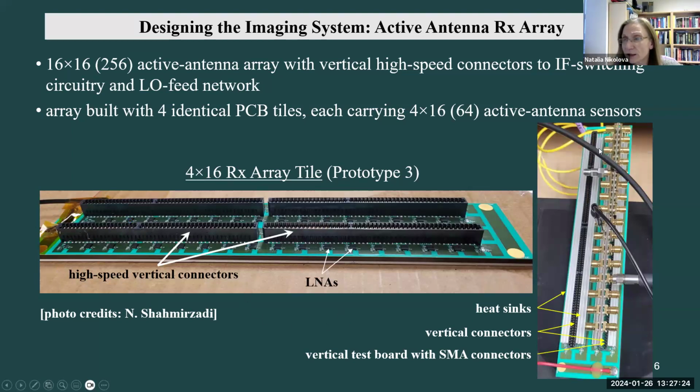On the right, you see that now these prototype 3 boards have also heat sinks on top of the LNAs to prevent any excessive heating of the boards. And you can see test boards with SMA connectors inserted in these vertical high-speed connectors in order to test each element of the array.